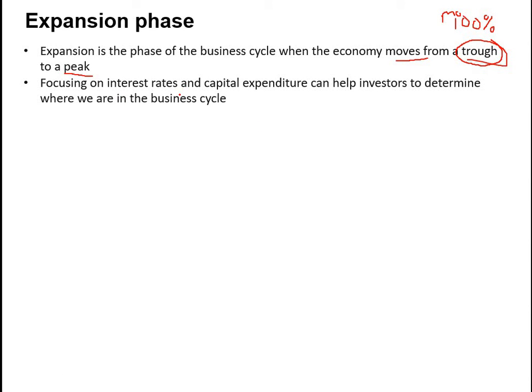So focusing on interest rates, capital expenditure can help investors to determine where we are in the business cycle. The more we have these investors, the more we spend on capital, then it tells us something.